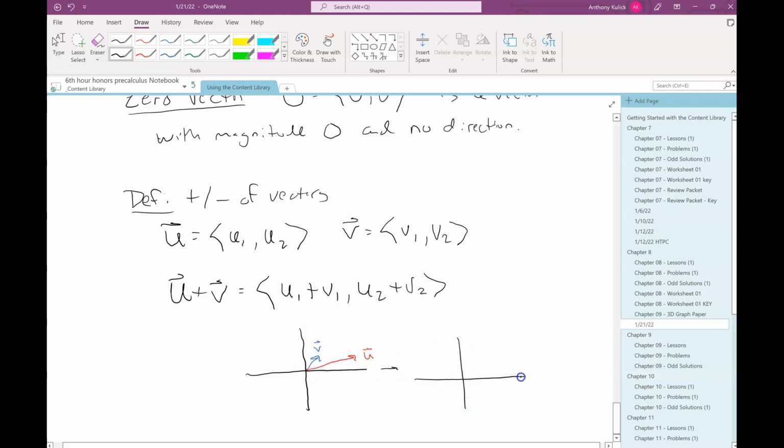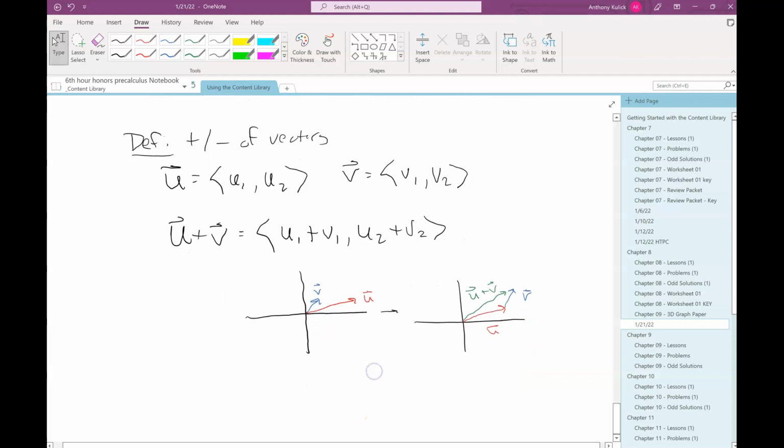If I were to add those together, basically what I'm doing is placing the vector v at the end of vector u, and then u plus v would be the new component form vector from the origin to the end of v. Everybody okay with that idea?